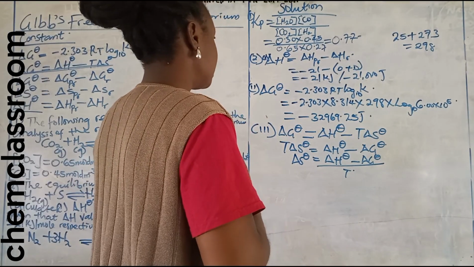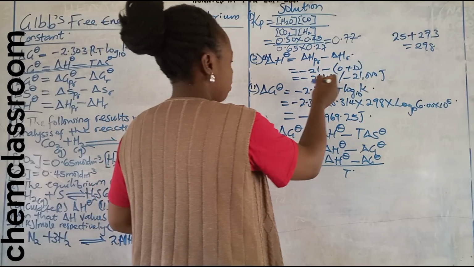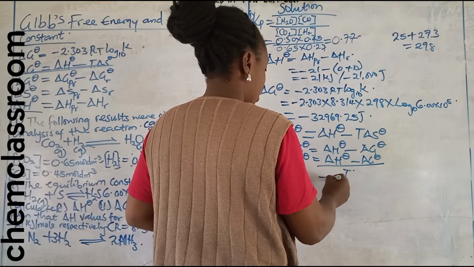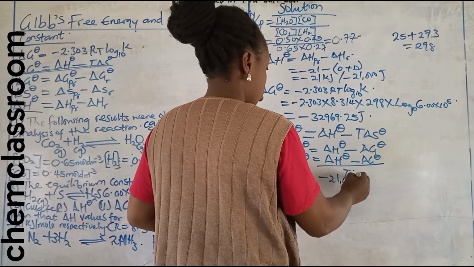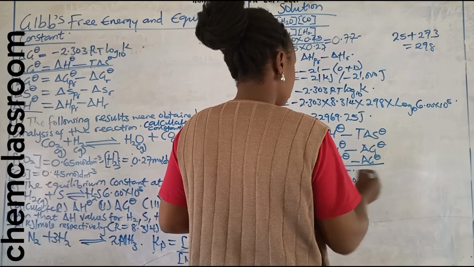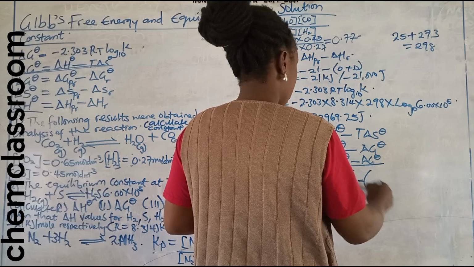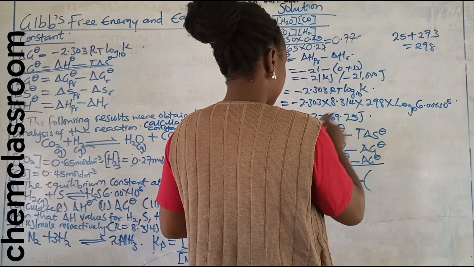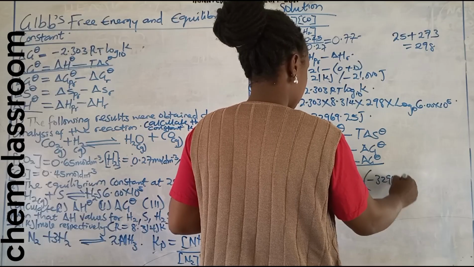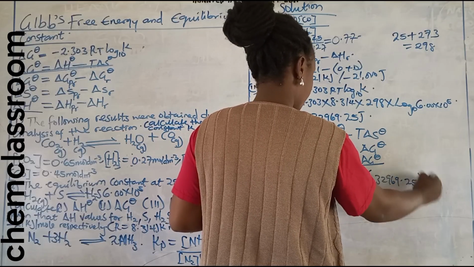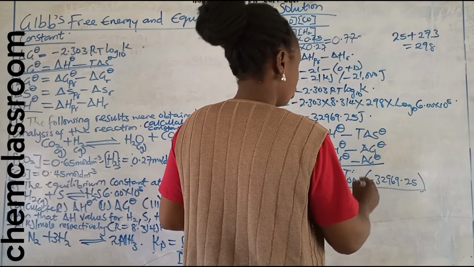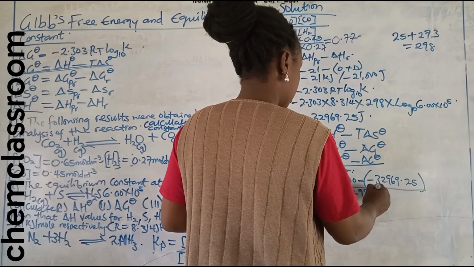So what's my delta H? My delta H is minus 21 kilojoules, but I'm going to be using the joule, minus 21,000, because the other ones are in joule as well. Then minus, this is my delta G, minus 32,969.25 joule, divided by the temperature, which is 298.